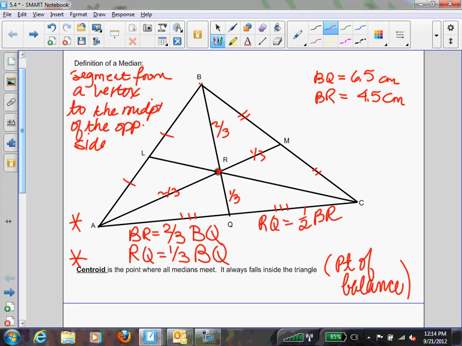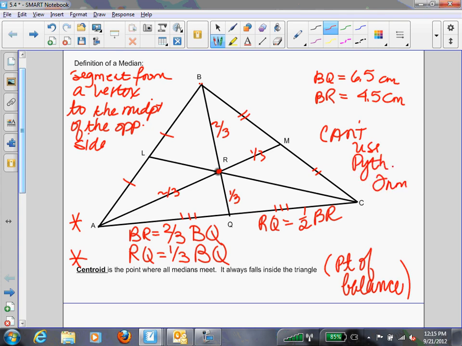Is there a right angle anywhere in this problem? Is there a right angle at Q? Medians do not form right angles. What is not your friend in this problem? You can't use it. I'd have to show that it's a perpendicular bisector.